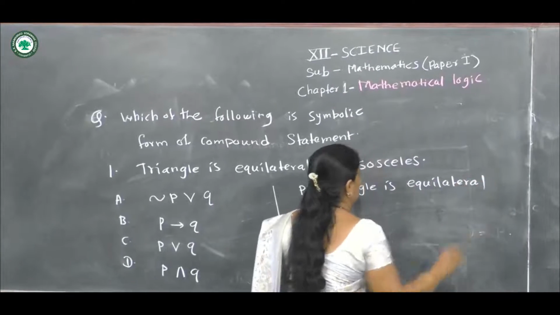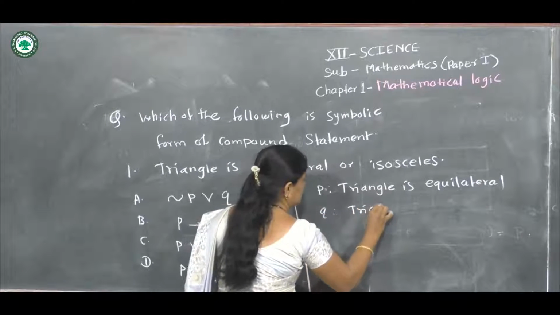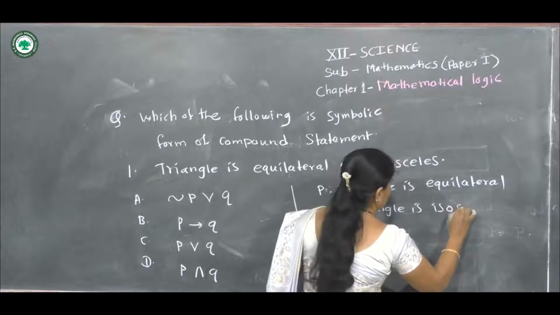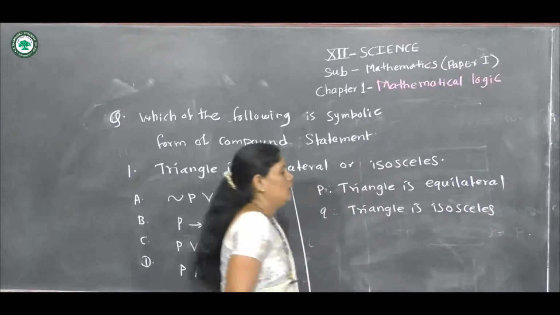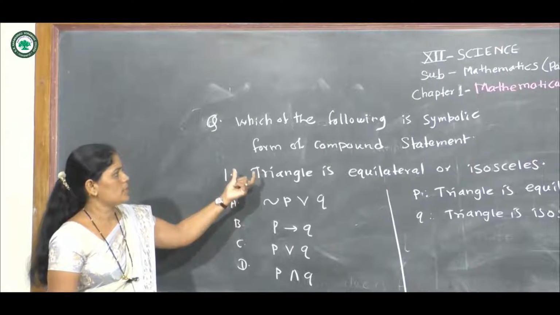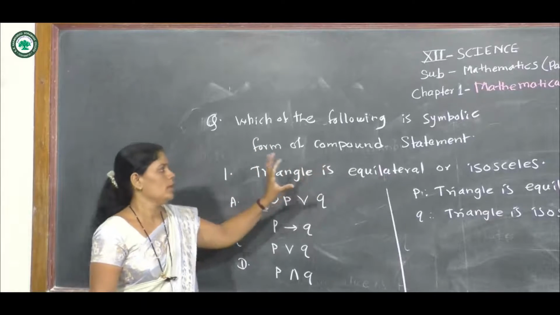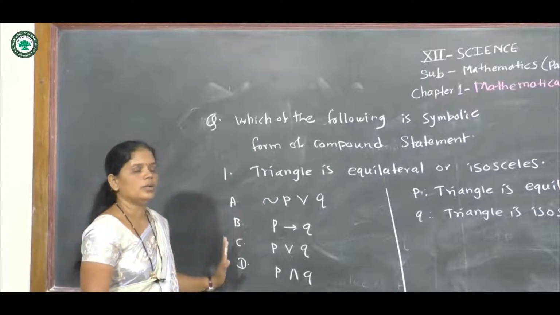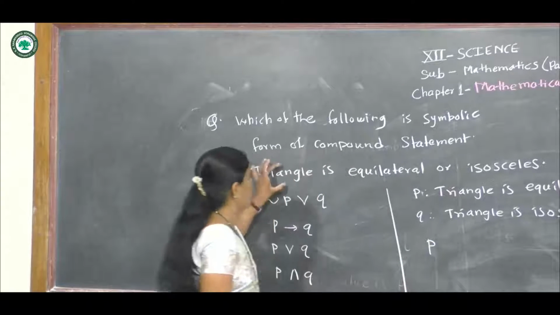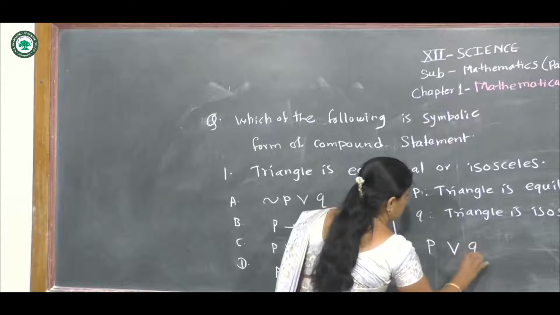Q is: triangle is isosceles. First we have to find the symbolic form of this compound statement, then we check the options. The statement is P or Q.